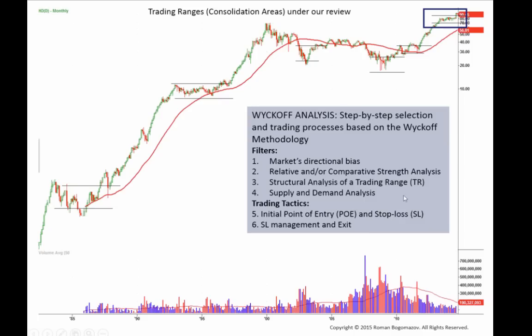All right, so let's look at this case study that we have. This is a chart of Home Depot, and this is a monthly chart.